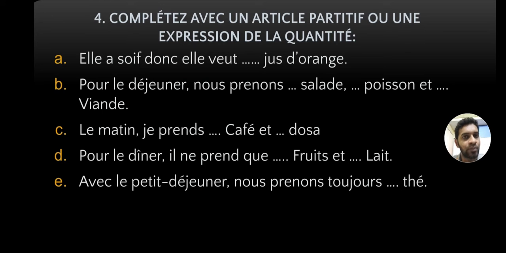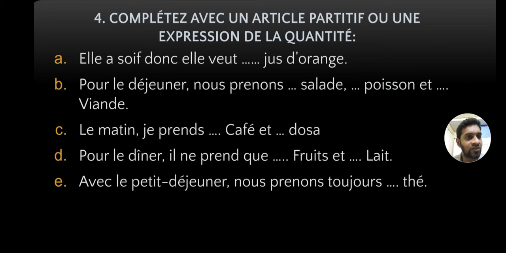The second one: pour le déjeuner, for the lunch, nous prenons dash salade, dash poisson, et dash viande. We take some salad, some fish, and some meat.